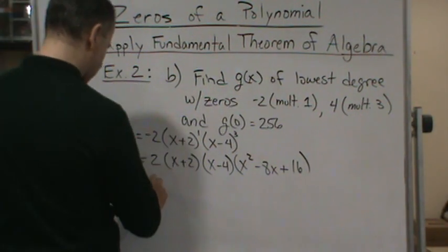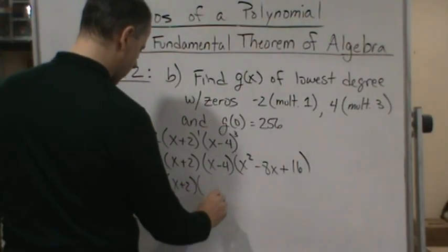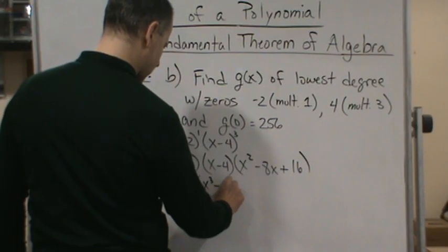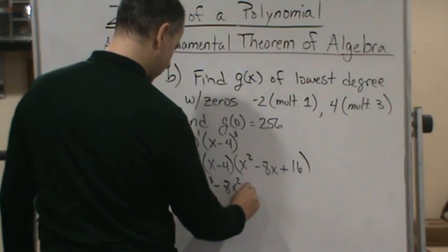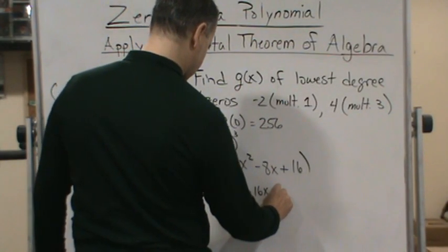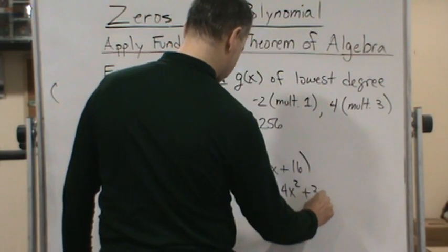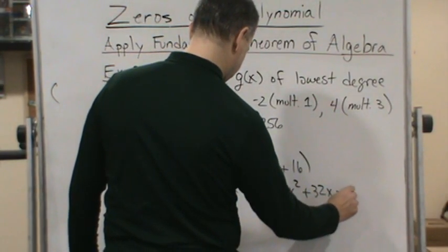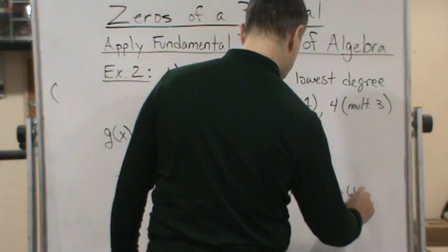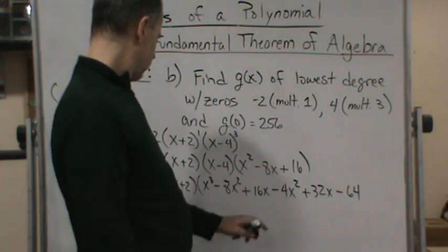Okay, now I'm going to distribute again, so that'll give me x plus 2 times, now it's going to be x cubed minus 8x squared plus 16x minus 4x squared plus 32x minus 64, right?